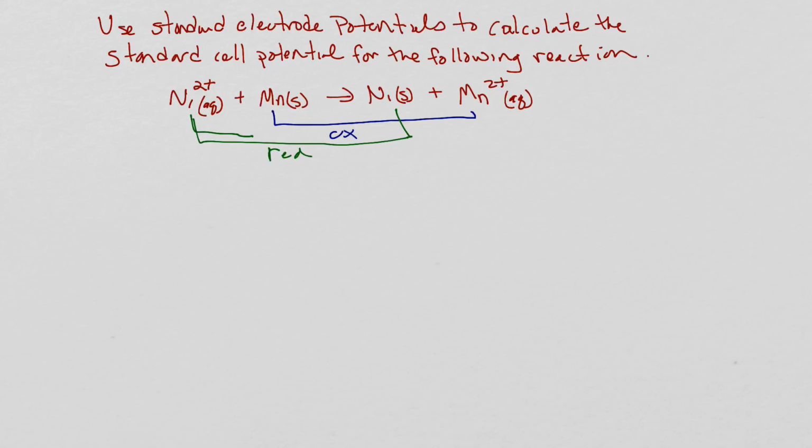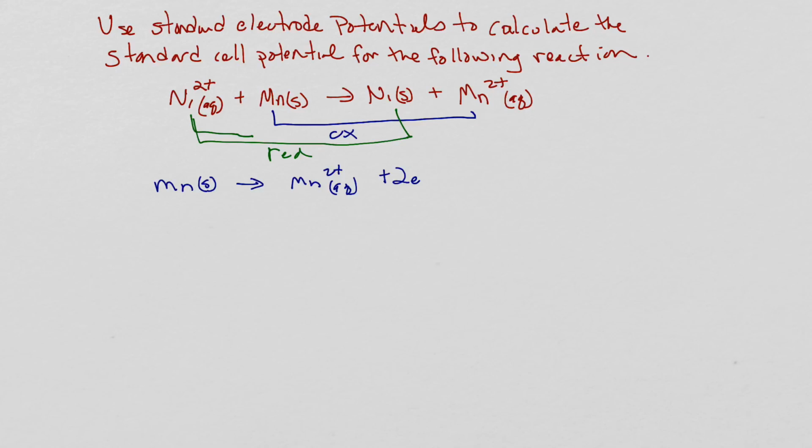So if we go to our potential table and we look up the standard reduction potential for our oxidation, we have manganese solid goes to manganese 2+ aqueous plus 2 electrons.